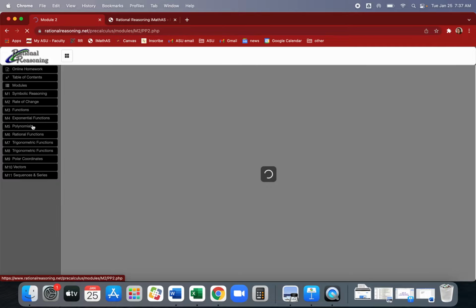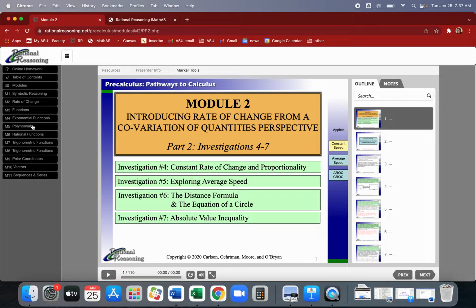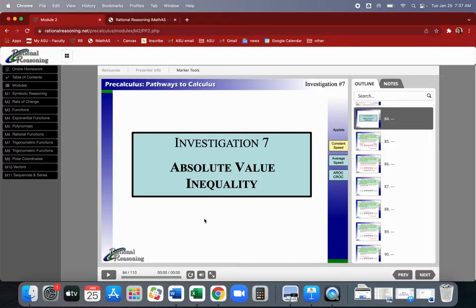And just to pull this up real quick, they're really long. Like if you look at this, it's like 100 and something slides long, but these are all clickable. So if you want to go to stuff about absolute value inequalities, click on that and it'll skip down to where that is, which is like slide 84. There's a lot of information in there, and it's something that you can go through on your own.